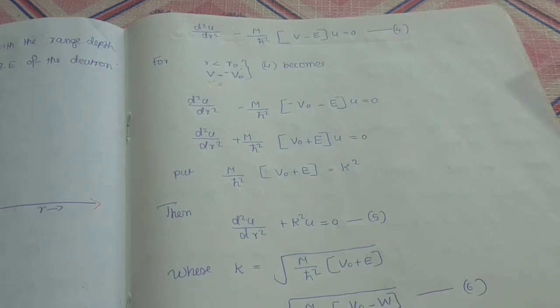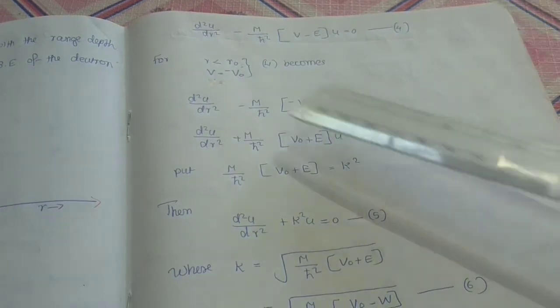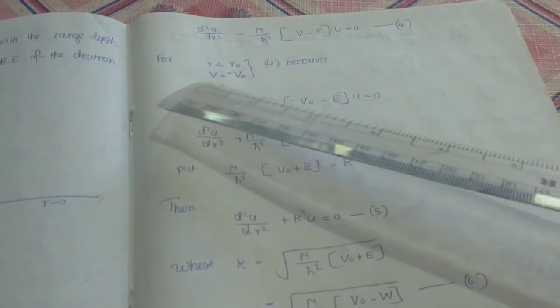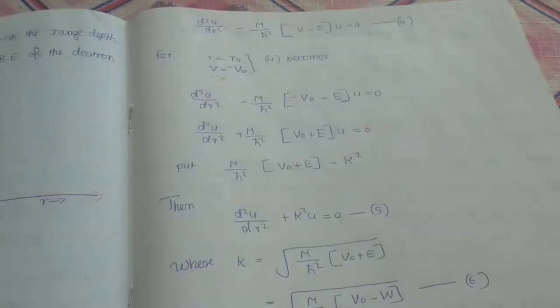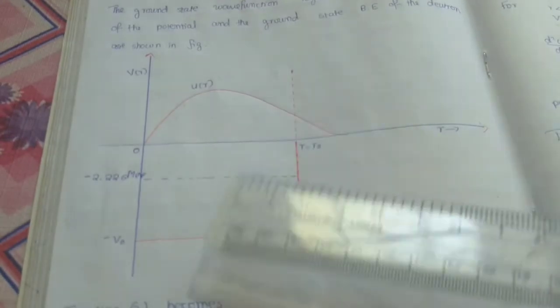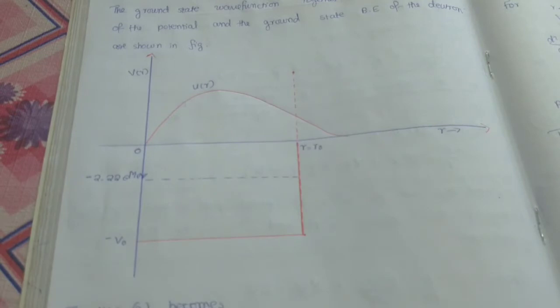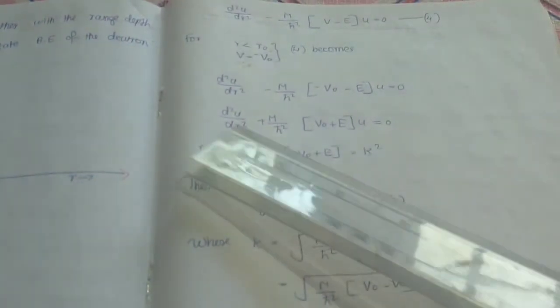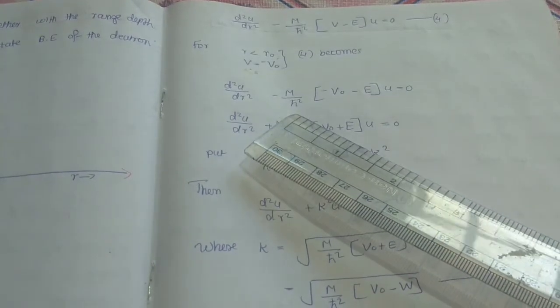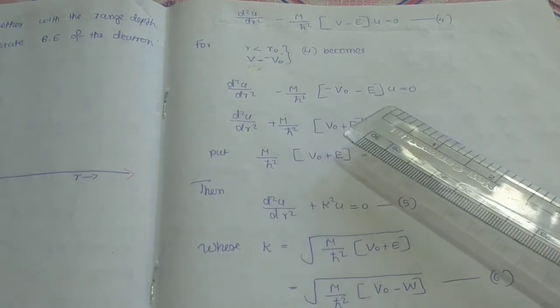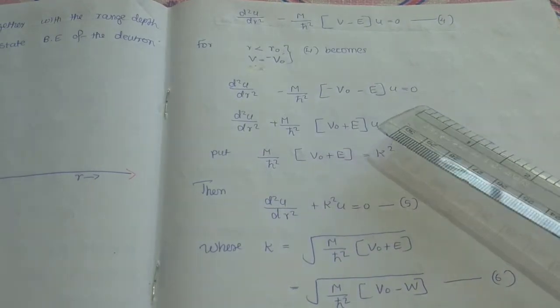Now we are going to apply some conditions. For r less than r0, V is equal to minus V0. Then the above equation will become d square u by dr square minus m by h cross square into (minus V0 minus E) into u equal to 0.